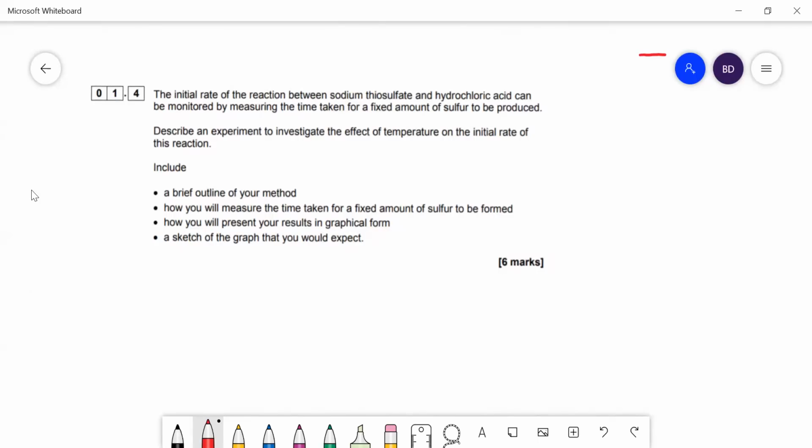Right, so what we're going to do is describe an experiment to investigate the effect of temperature on the initial rate of reaction. Give a brief outline of the method, how you measure the time for a fixed amount of sulfur to be formed, how you will present your results in graphical form, and a sketch of the graph that you would expect.